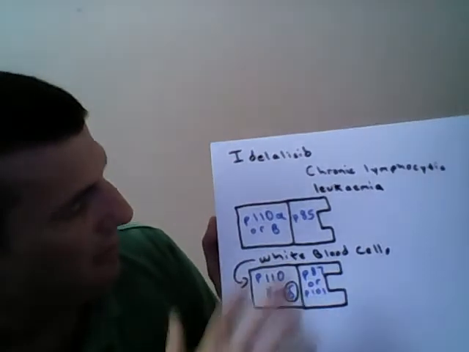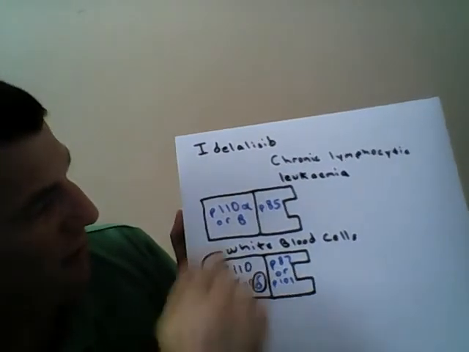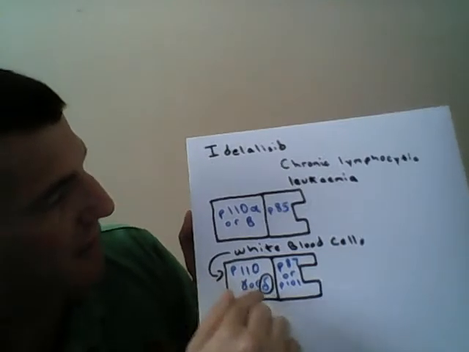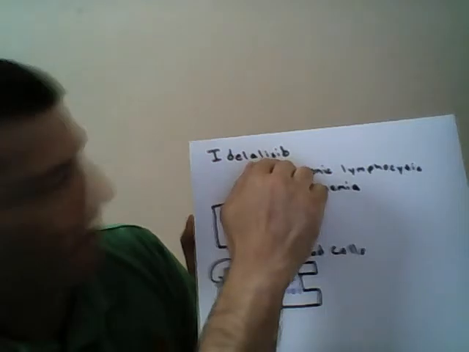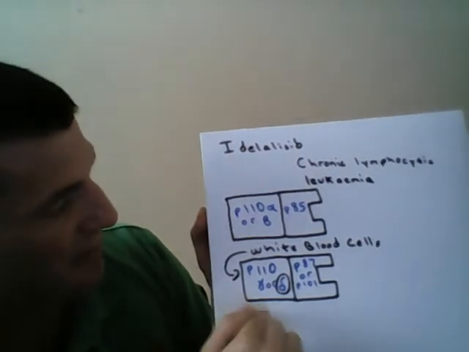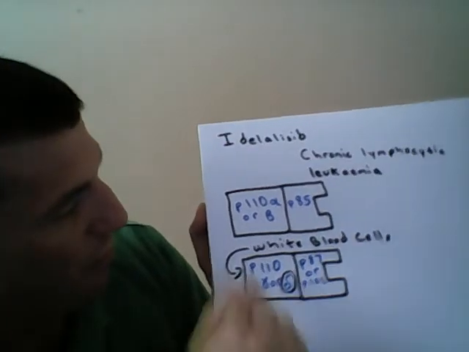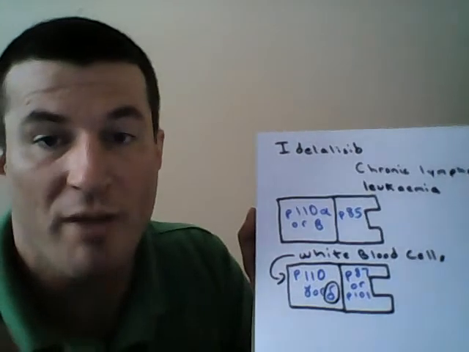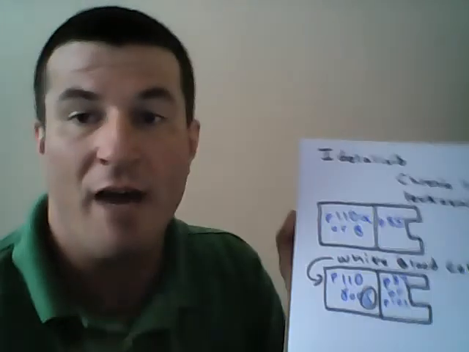She found in white blood cells that Idelalisib was a drug that targets the variation right here, which is P110 delta, which is only in white blood cells and not in the rest of the body. So it shuts off the PI3-AKT-mTOR pathway, which is needed for translation of messenger RNA.